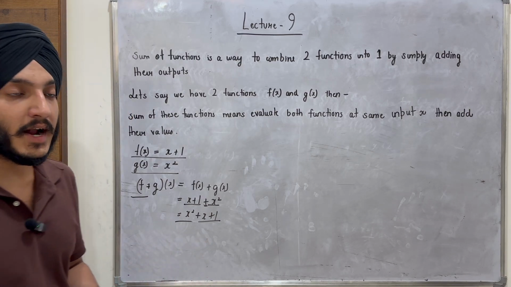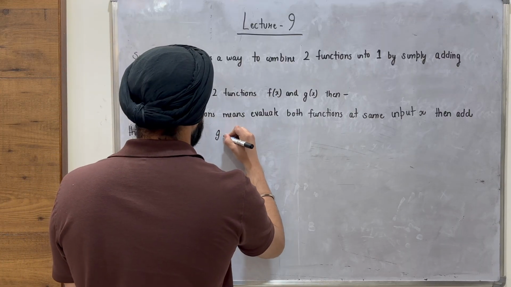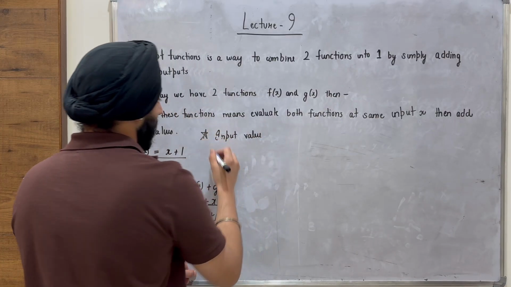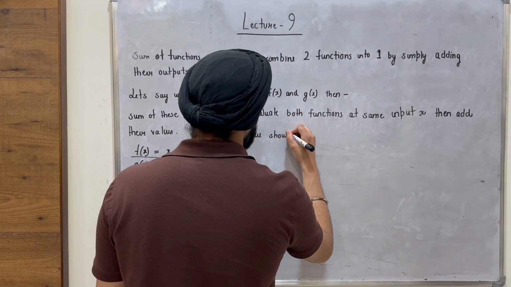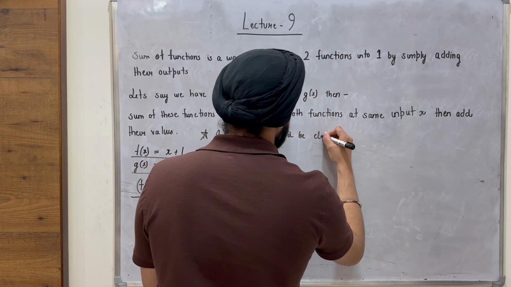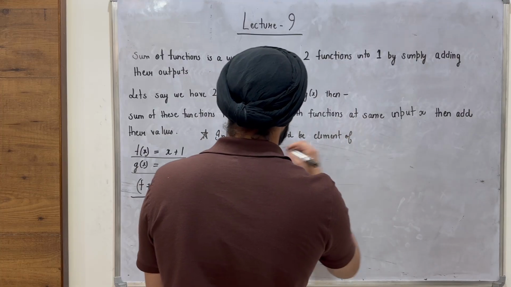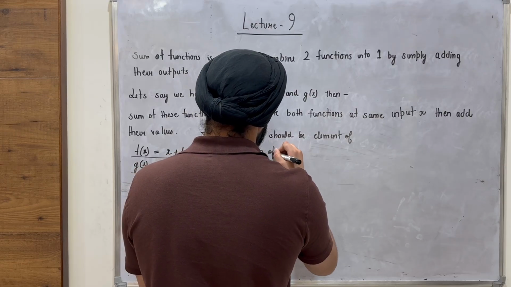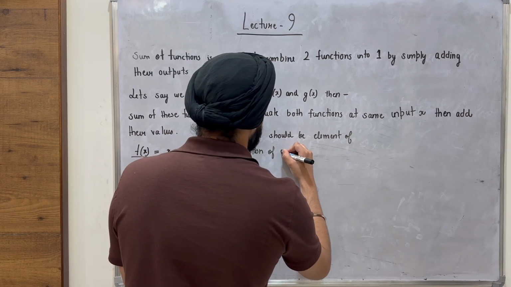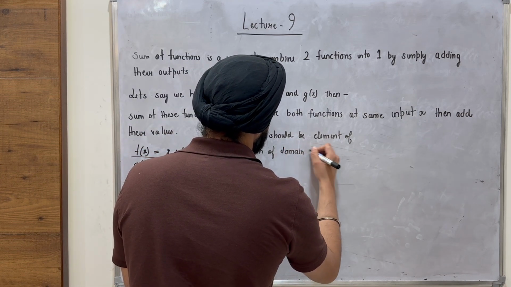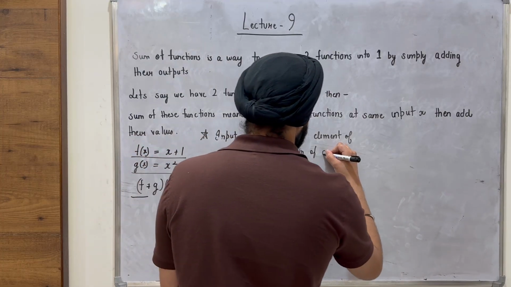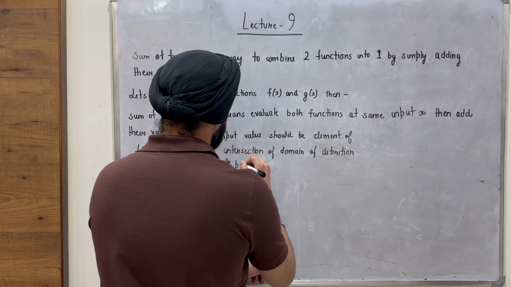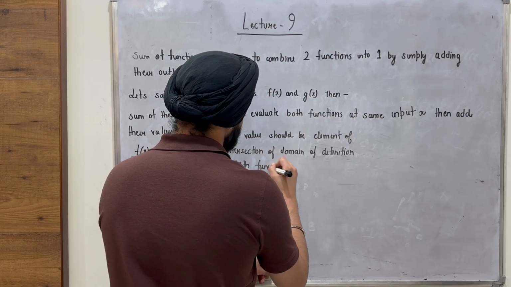Now, the important thing to understand is that the input value should be an element of the intersection of the domain of definition of both functions.